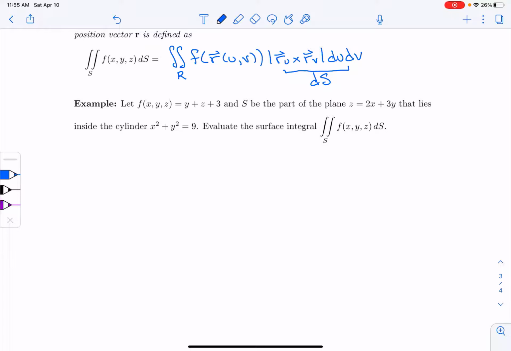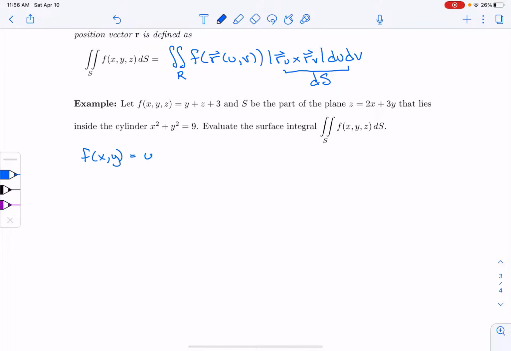And then we want to evaluate this surface integral. So the first thing we want to do is rewrite f of x, y, z as just a function of x and y.